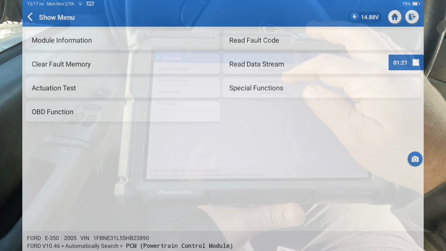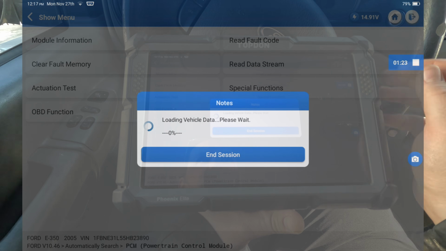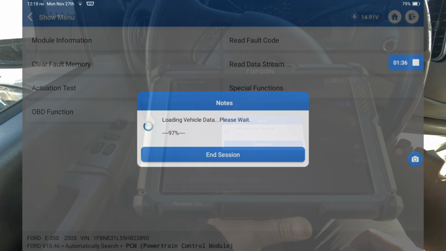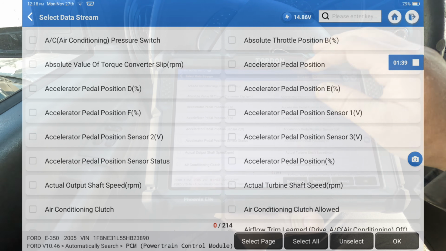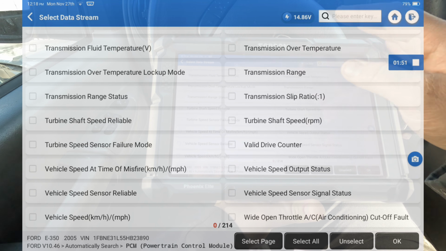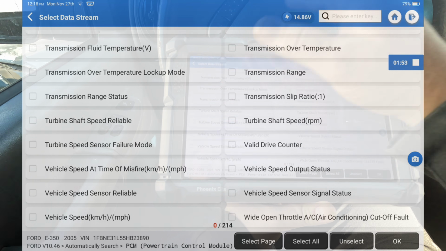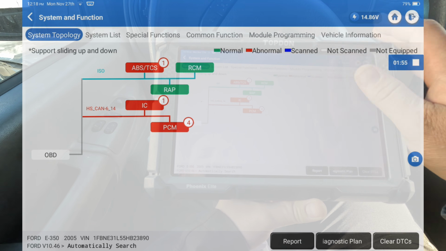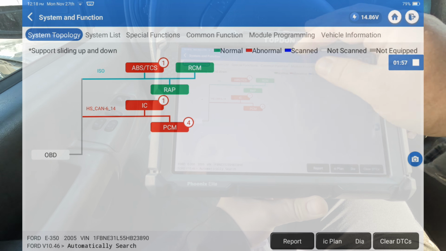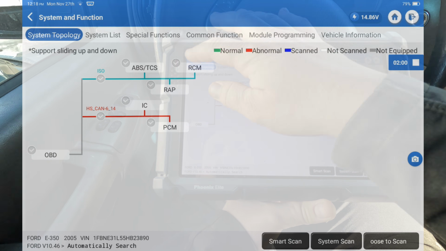Okay, read data stream. I'm gonna get out of here. I find an easier way to get this type of information is through generic OBD.